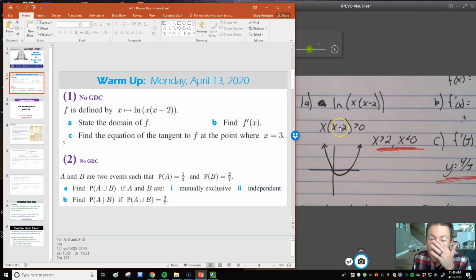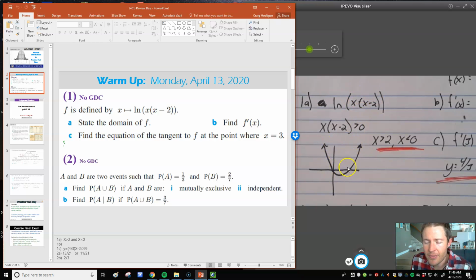There's a couple ways to do this, but we haven't looked at a graph in a while, and I thought it might be another interesting way to look at this. So if I just graph this function, I see this function has an x-intercept at 0. It also has an x-intercept at 2. So here's the curve. This is just a positive parabola. We know what those look like. And again, for natural logs, you only are allowed to put positive things in.